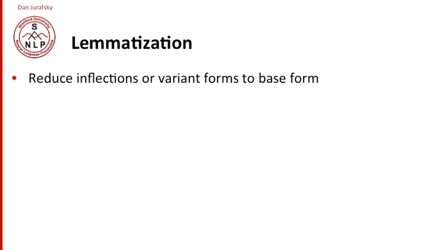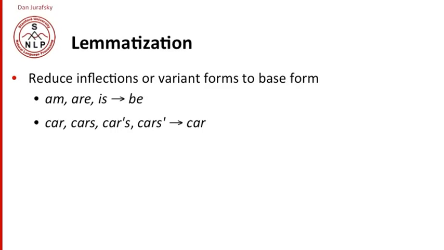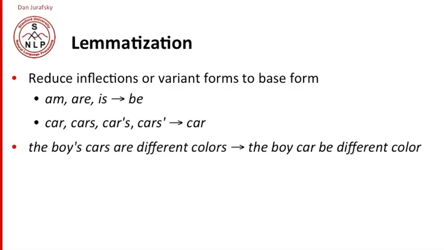We also often want to do lemmatization, so we're reducing our inflections or variant forms to their base form. So words like am and are and is will get lemmatized into be, car, cars, car apostrophe s, and so on, get lemmatized to car. So a phrase like the boy's cars are different colors should get lemmatized to the boy car be different color.